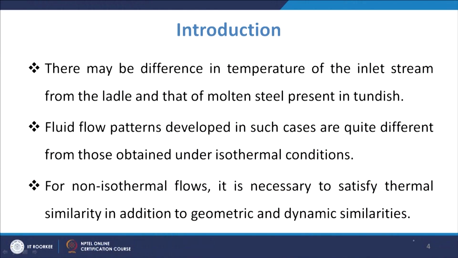So, there will be changes in the temperature, and this change in temperature will affect the flow structures and flow patterns inside the Tundish, and they will be different from the isothermal conditions. This is quite possible during the continuous casting process, because you have continuous movement of liquid steel and continuous interchanging of the ladles.